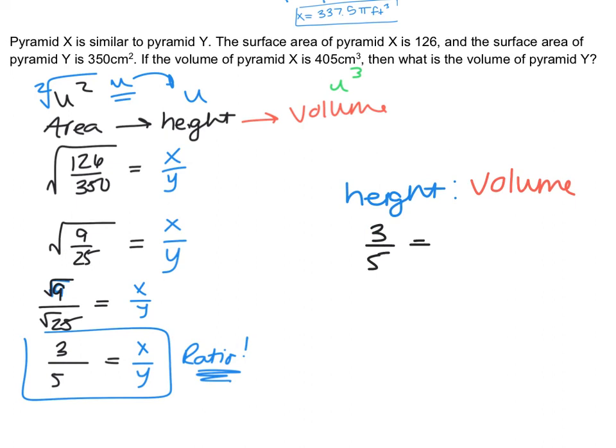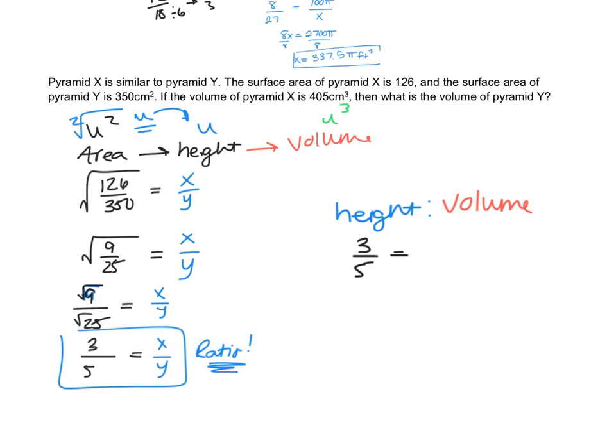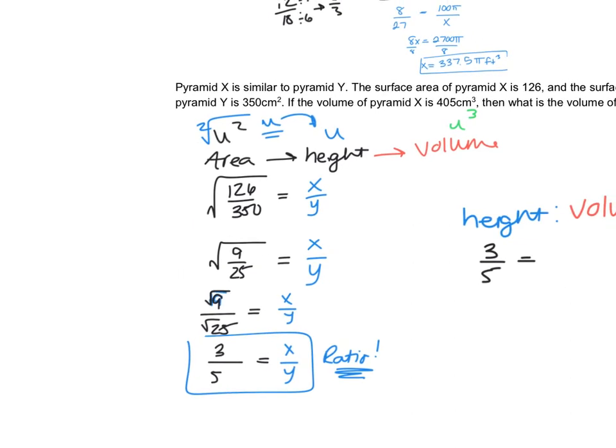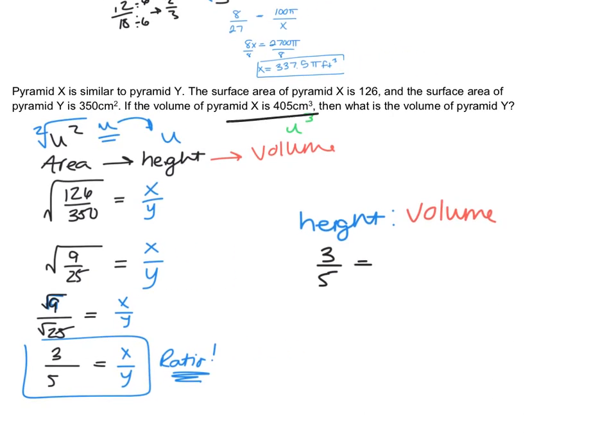And I want to find the volume of pyramid Y. So my proportion is, one second, is going to be now 405 over v. And I'm going to use v for volume because I want to find the volume of my new image. But here's the issue.